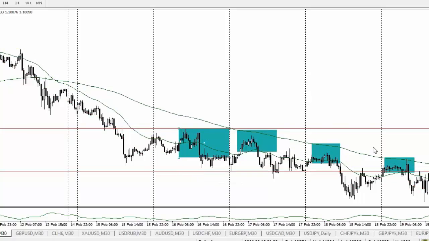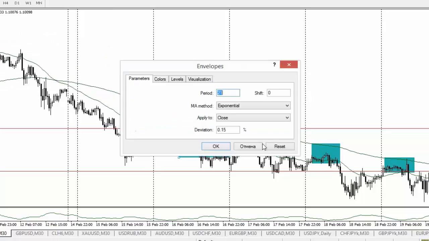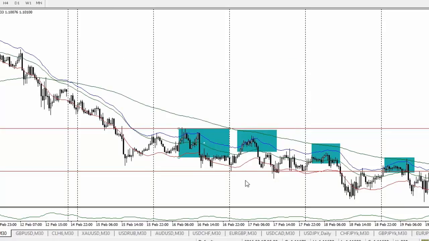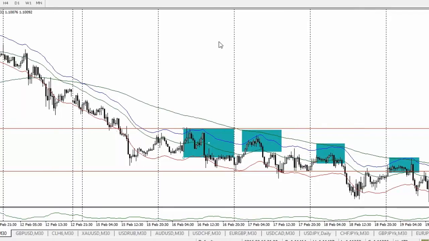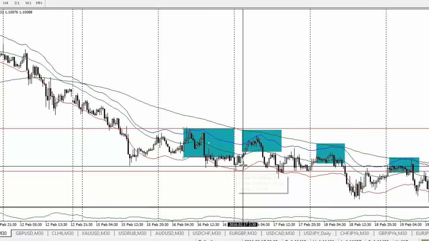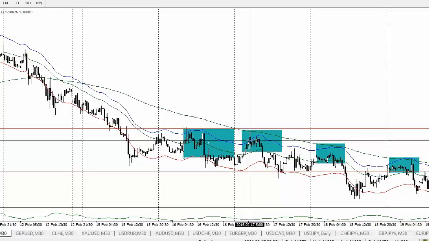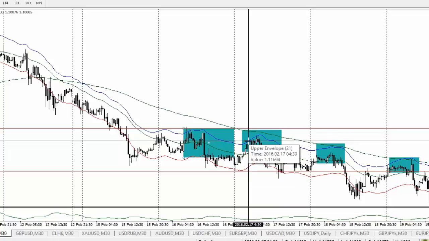On the very next day, again we apply envelopes. And what do we see here? We use our Asian low. Okay, so we have to use our Asian low here. That's the way it works. It is 1.1118, right? And our upper band of the envelopes is equal to 1.1167, right? 67.